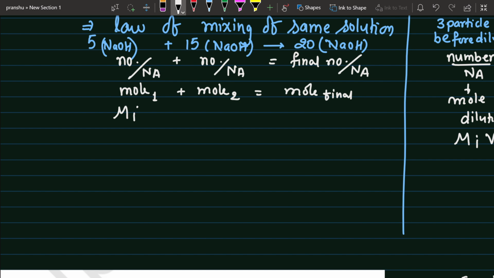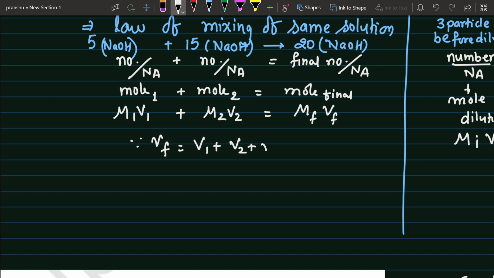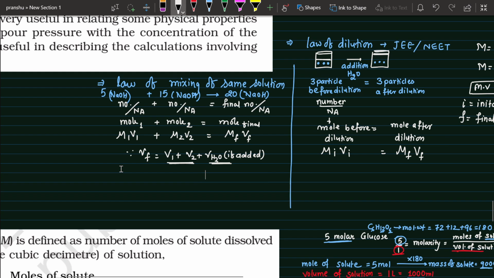So here we can say that M1 V1 plus M2 V2 is equal to M final V final, where V final is equal to V1 plus V2 plus volume of water if added. If not added, then it is V1 plus V2. If diluted further, then volume of water must be added.